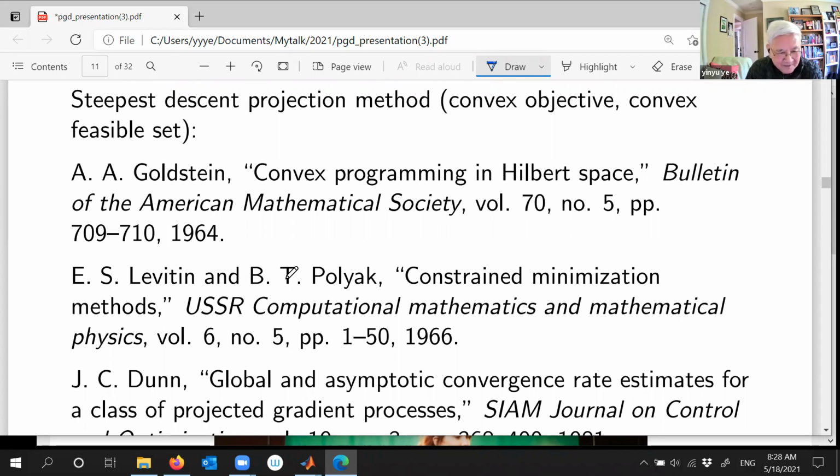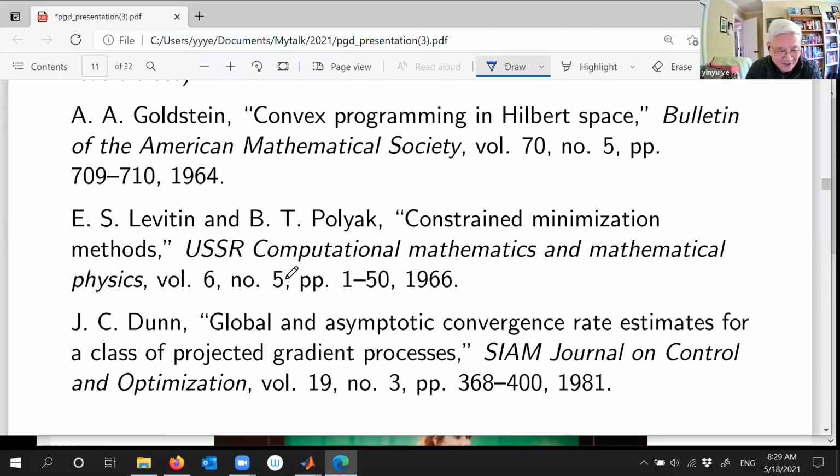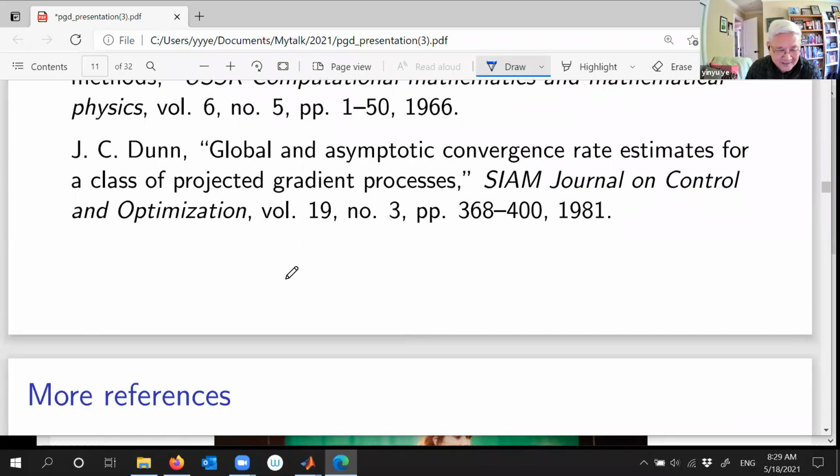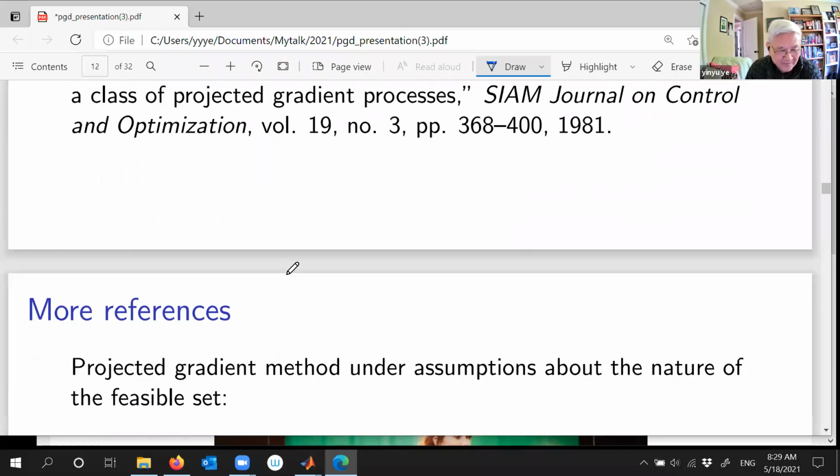They have some analysis, but it's not clean, always contingent on some assumptions. It surprises me. It looks like some analysis should have been done a long time ago.